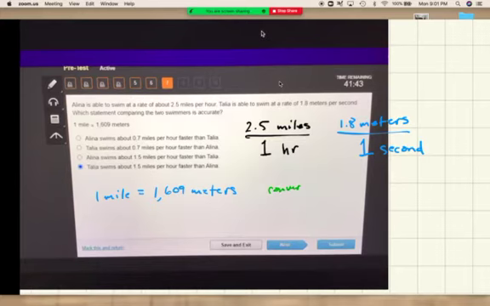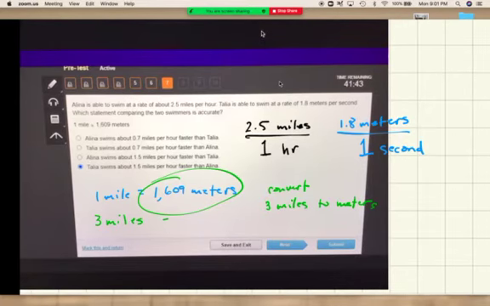If the question was, which is a completely different question, convert 3 miles to meters, all I would do is take this and multiply it by 3, because I would have 1,609, 1,609, 1,609.